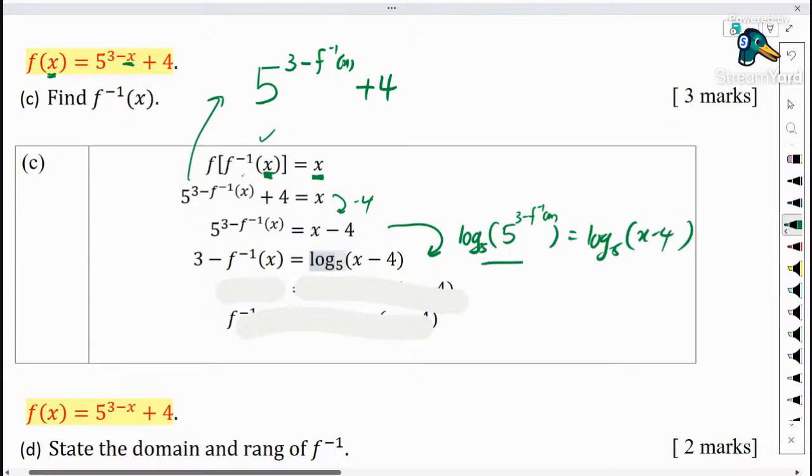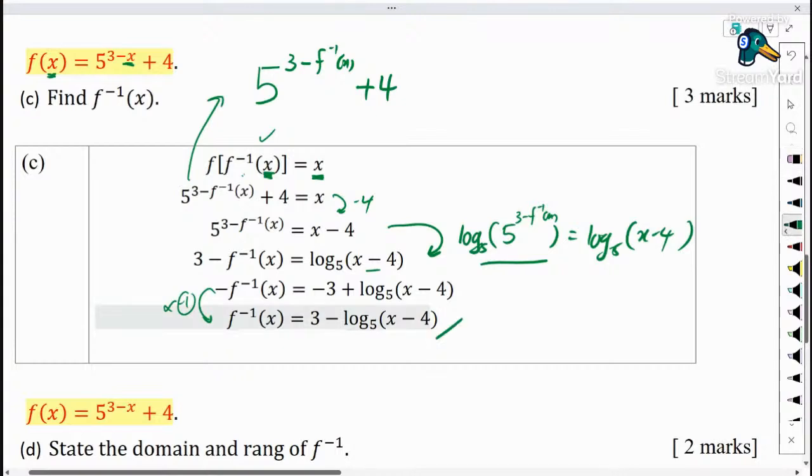As a result, by properties of log, I'm left with the power only. The other side maintains this form. Further rearranged, I have negative f inverse is minus 3 plus log x minus 4. But I don't want negative f inverse, I want f inverse. So the whole thing I multiply by negative 1. So that gives the answer for the inverse.